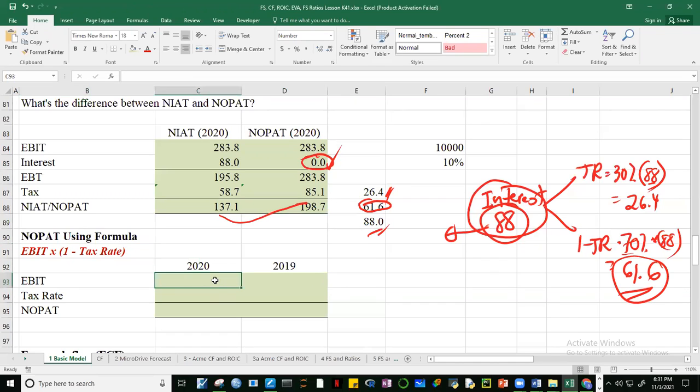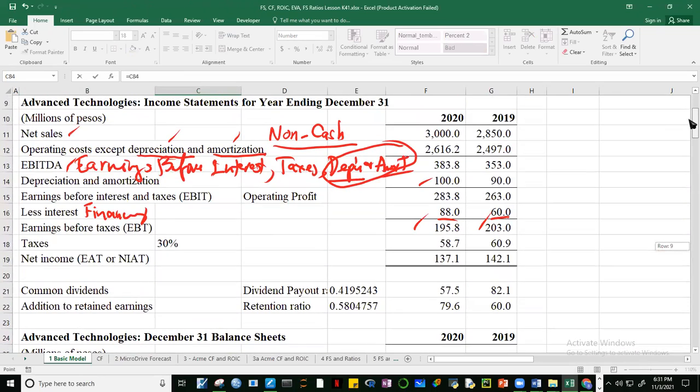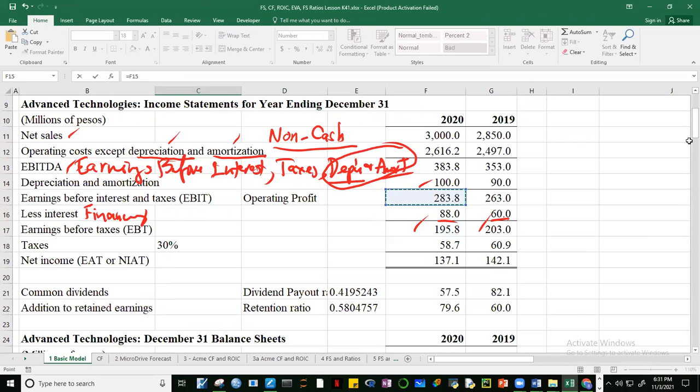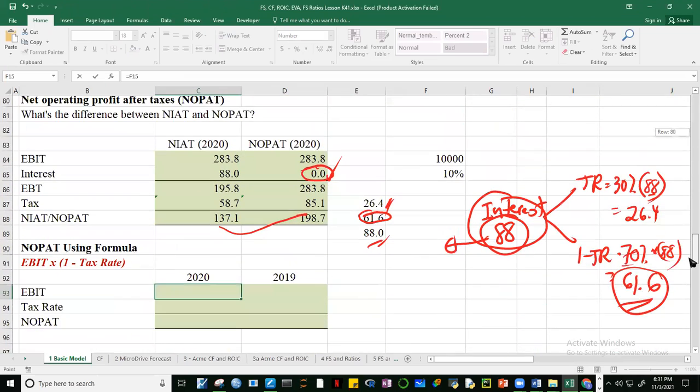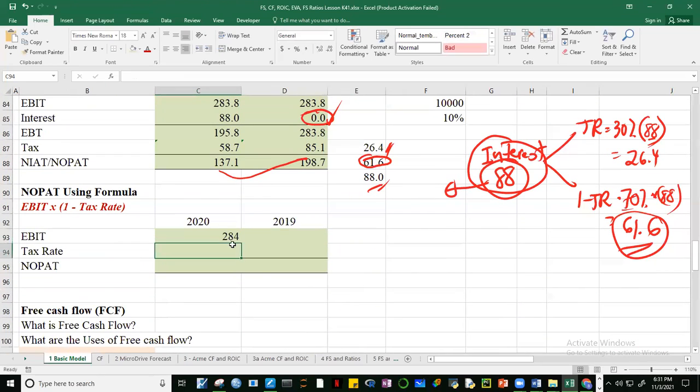So let's compute for 2020. We know the EBIT. Let's just use the figures here so that we can copy it to the left. EBIT is this one. Then we can copy it to the right, and then we can use the formula: EBIT times the tax rate.